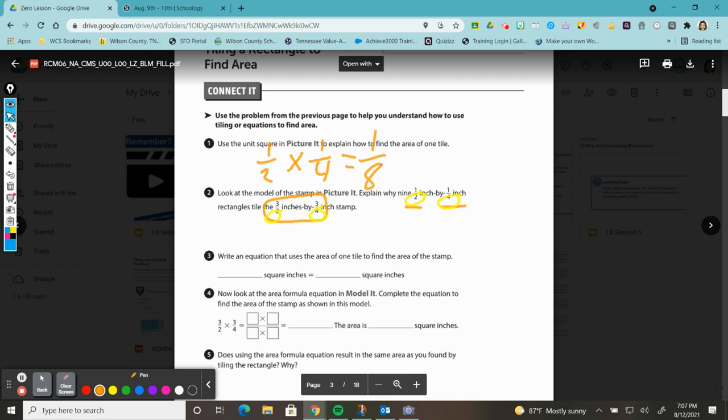Now, you could write 1/8 plus 1/8 plus 1/8 9 different times, but there's another way that you could find that without having to write plus 1/8 9 times. Instead, another option would be 1/8 times 9, which would then give you that answer that we're looking for of 9/8 square inches.